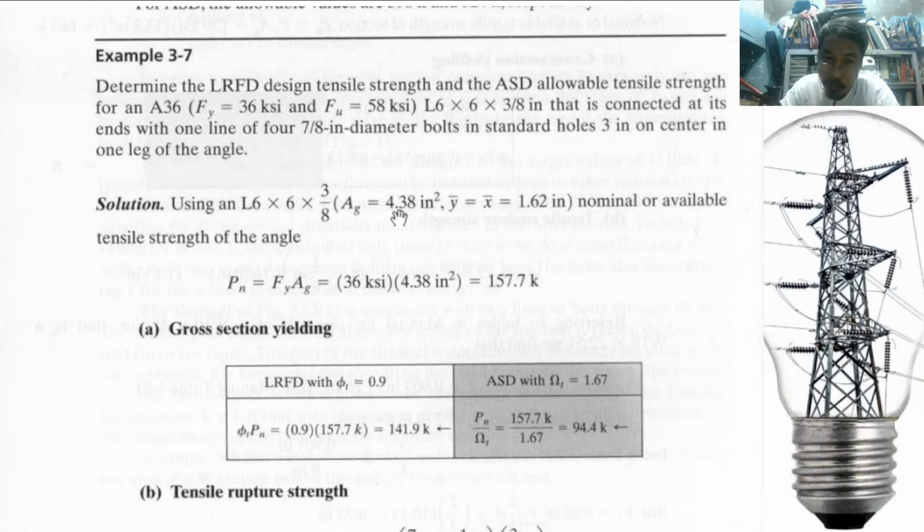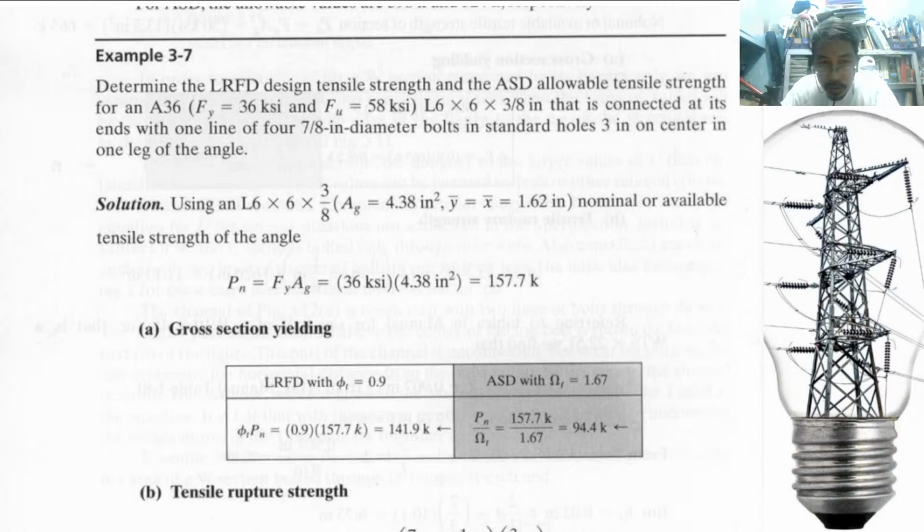If not, you have to solve this because we can clearly solve this. 6 by 6 and then the thickness is here. So, you can use the table for this, and with these values, nominal or available tensile strength of the angle could be computed. Okay? So, since this is grade A36, 36 KSI multiplied by the gross area, so we have value 157.7.